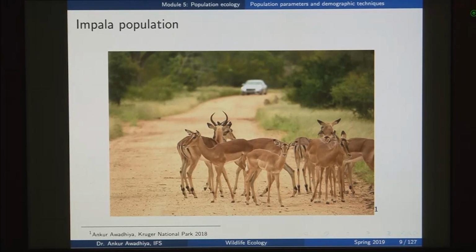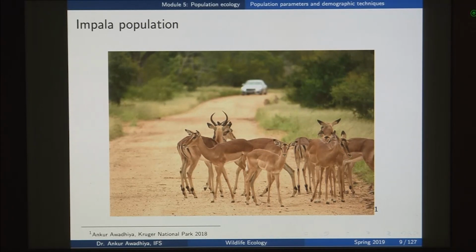Well, impala are a very important prey population, and so if you have more number of prey, you will also with time increase the population of the predators. So, if for instance you are managing this area for cheetahs, or you are managing this area for say lions, you would want to increase the impala population. Similarly, in our case in India, we want to increase the population of chitals and sambars, so that there is more food available for tigers.